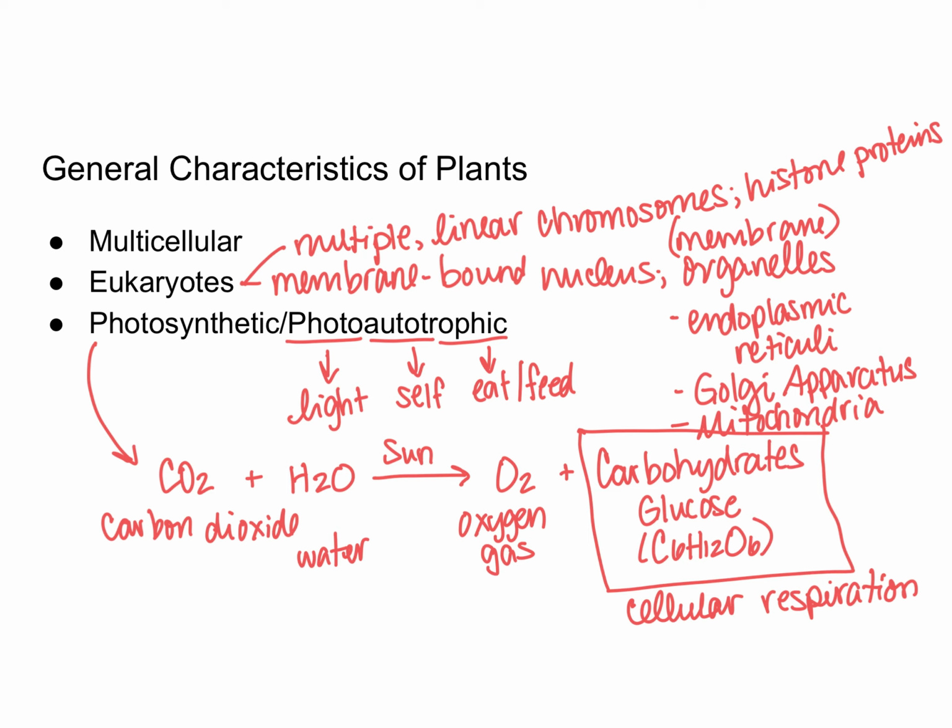Remember that the main goal of cellular respiration is to produce ATP. Photosynthetic also means that plant cells have chloroplasts. And chloroplasts are one of those membrane-bound organelles that contains chlorophyll, and that's where photosynthesis occurs.